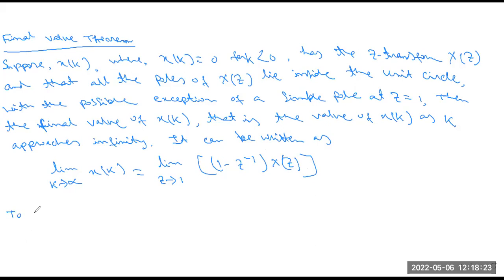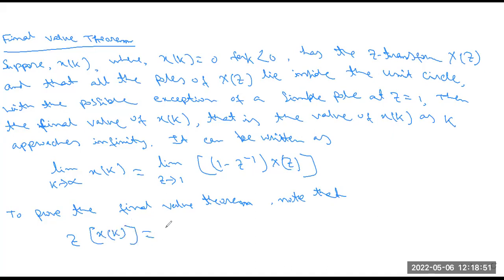So to prove the final value theorem, note that the Z transform of x of k is X(z), that is summation k is equal to 0 to infinity x of k z to the power minus k.